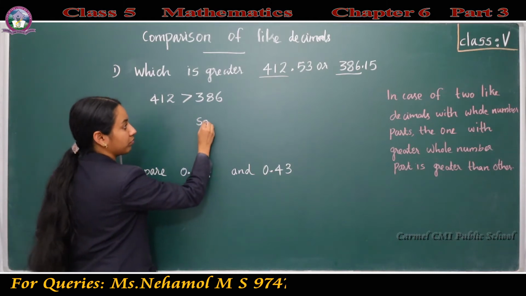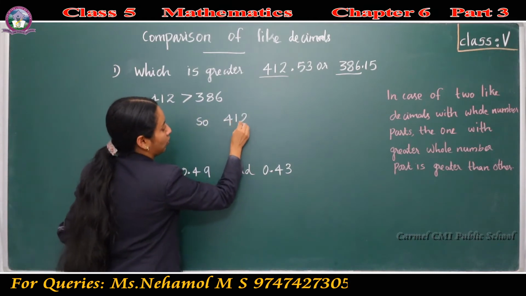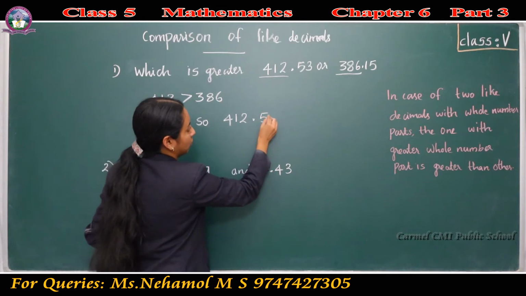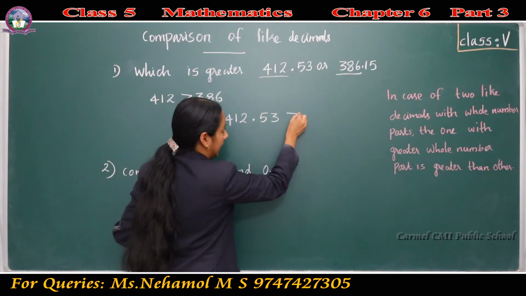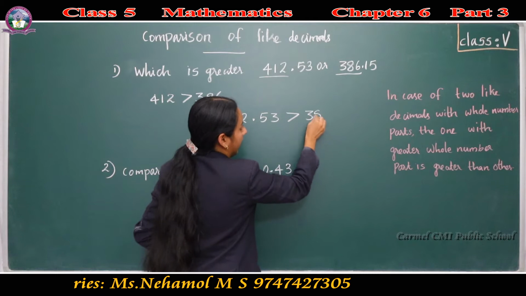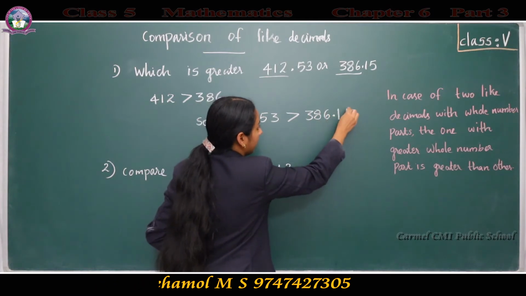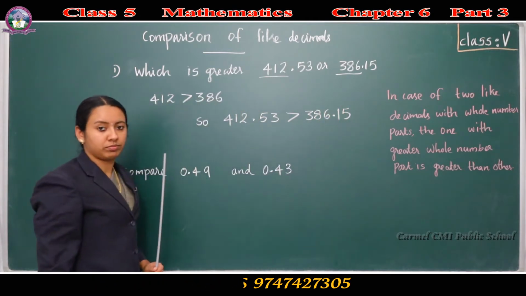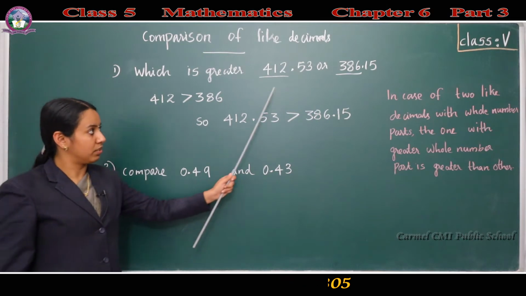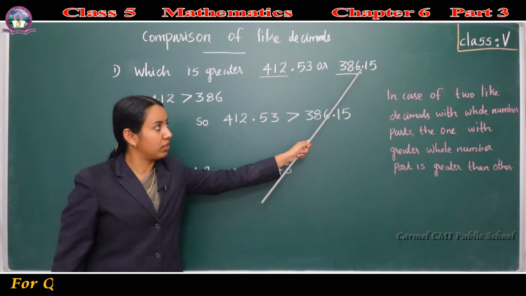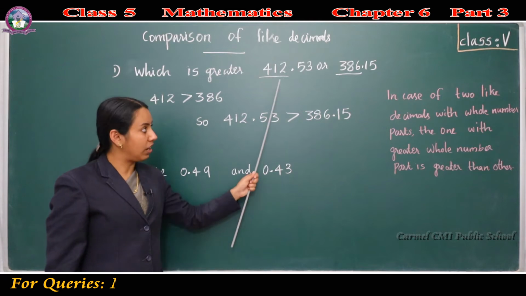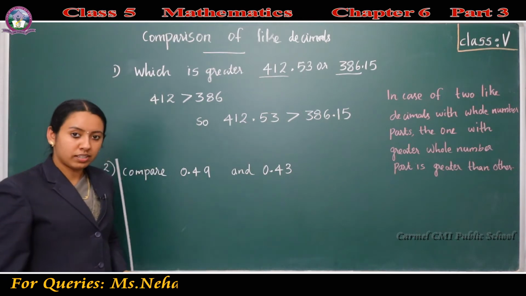So, 412.53 will be greater than 386.15. In the case of like decimals, 2 decimal places are there. Here also 2 decimal places. So, like decimals we can compare this way.